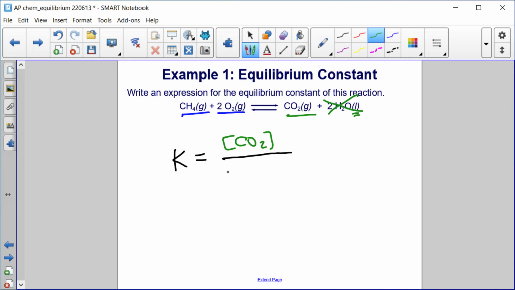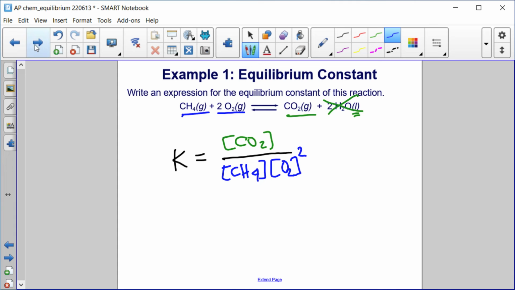The ratio of products to reactants. So the concentration of CH4 and then O2 to the second power. So there's our equilibrium expression for this reaction.